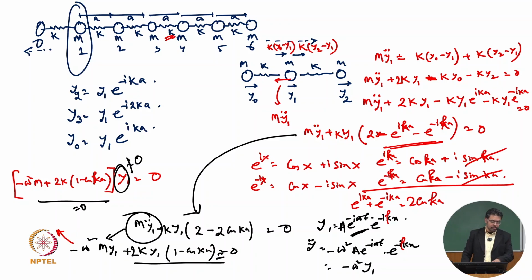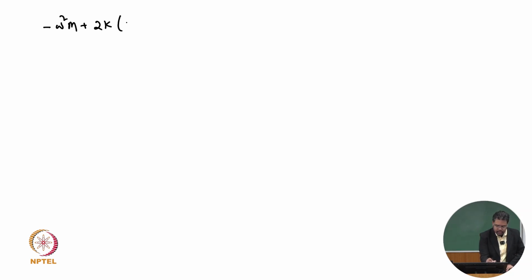So for the non-trivial solution, this term must be equal to 0. And if you see very carefully, that tells me a very interesting thing. So I'm just rewriting the equation. Minus omega square plus 2k into 1 minus cos kappa a, that is equal to 0.